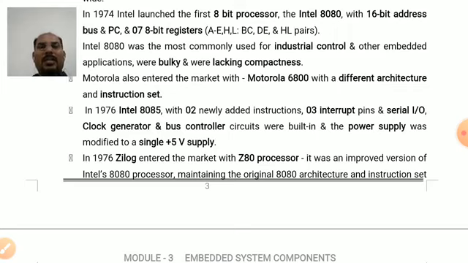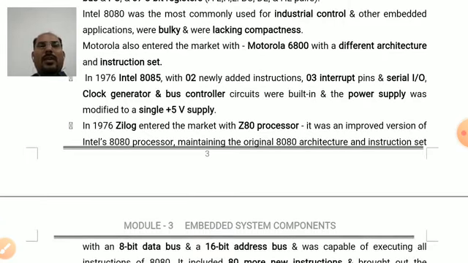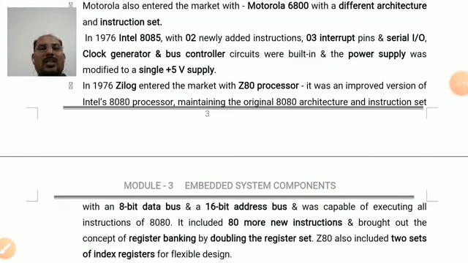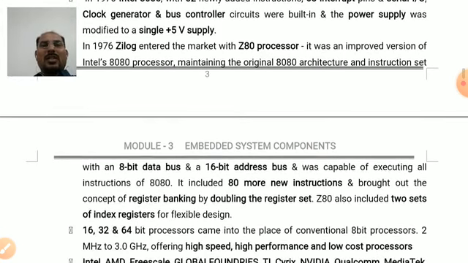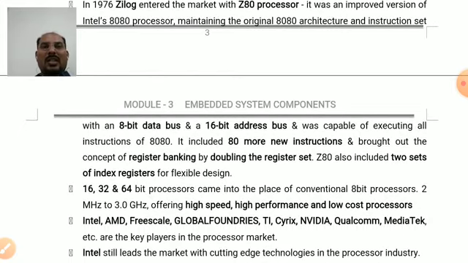In 1976, Zilog company came up with its processor called Z80. It was an improved version of Intel's 8080 processor. It means that the architecture and instruction set of the 8080 processor were used by this, which had an 8-bit data bus and 16-bit address bus.